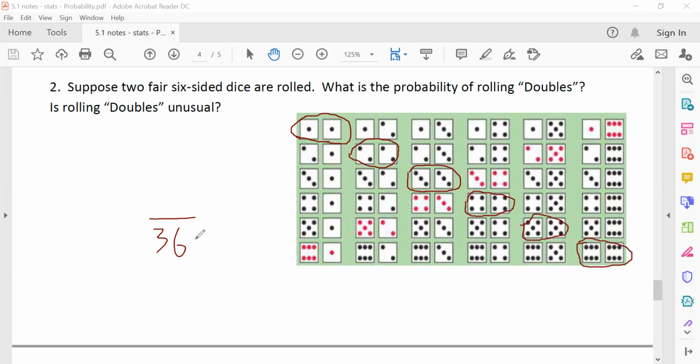So out of 36 possible outcomes, 6 of them have us getting doubles. Thus, the probability, assuming all these outcomes are equally likely, is 6/36 of getting doubles, which reduces to just 1/6.